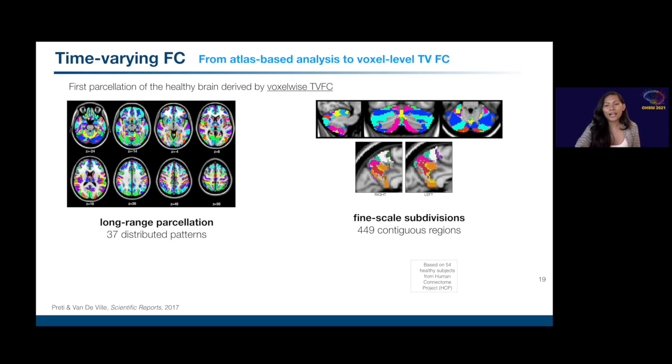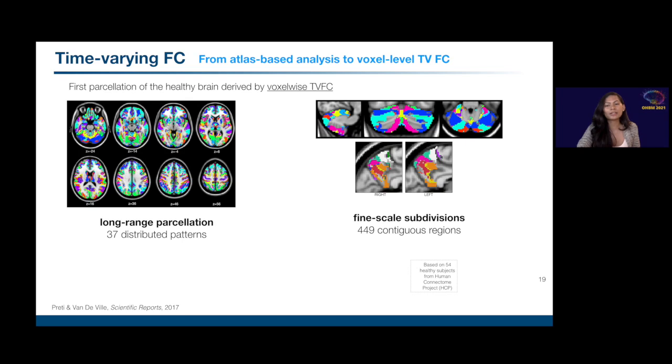As you can imagine, time-varying connectivity information was not necessary at the voxel level because the neighboring voxels are more likely to be correlated. And as such, in this work in the lab, they merged together voxels that show similar patterns, and they used the information to derive 37 long-range parcellations in the brain, which can then be further subdivided into 449 contiguous regions.